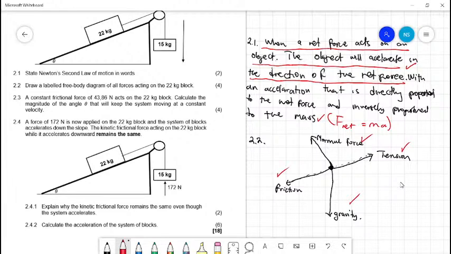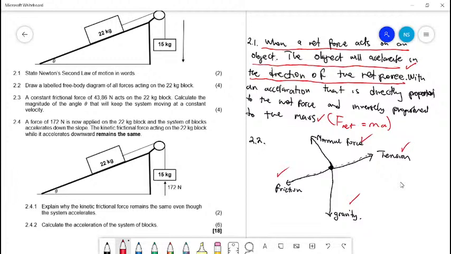The next question, obviously, is addressing calculations. What I can indicate here is that for calculation, you always need to use your free body diagrams. Your free body diagrams will always help you to calculate anything that will be asked in this question.